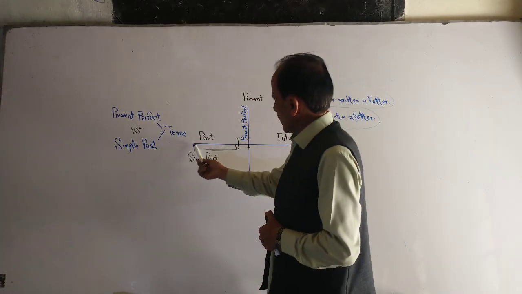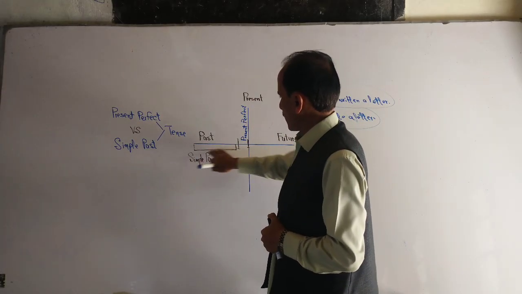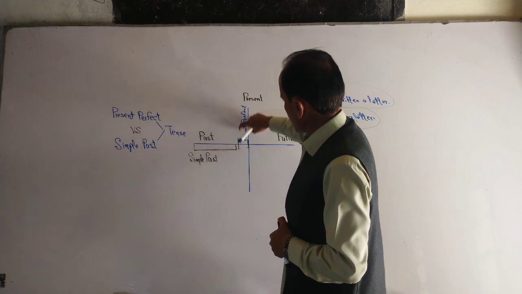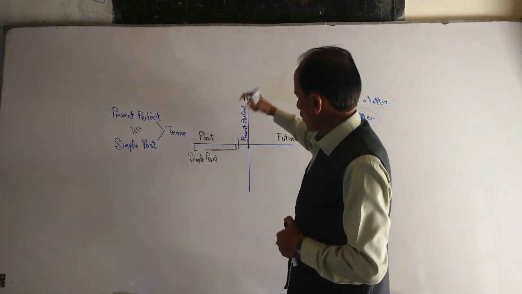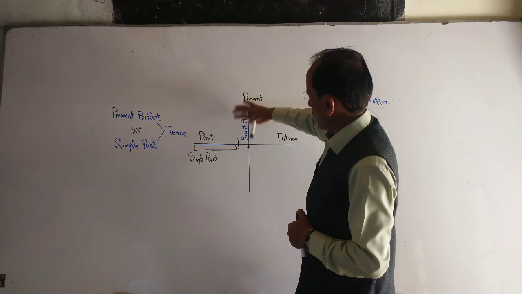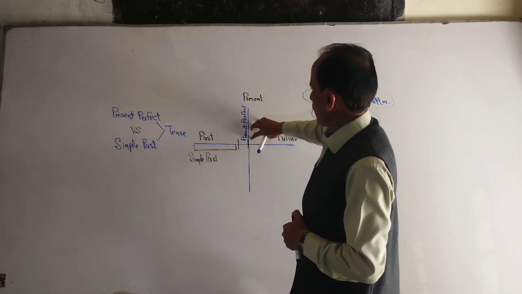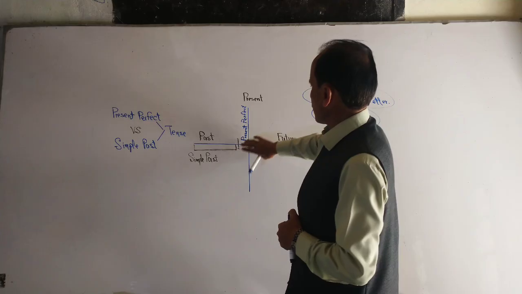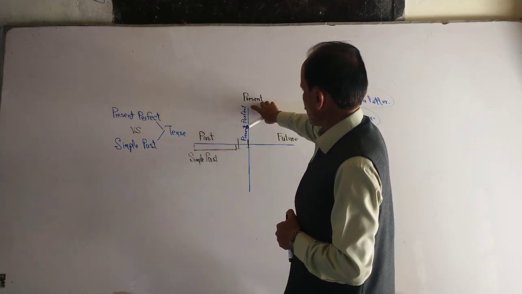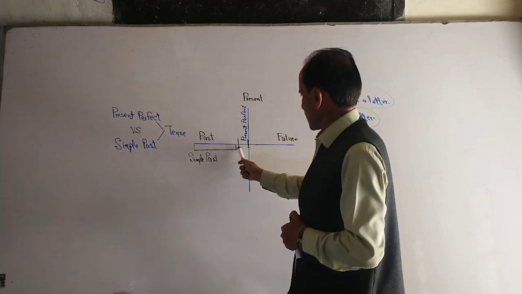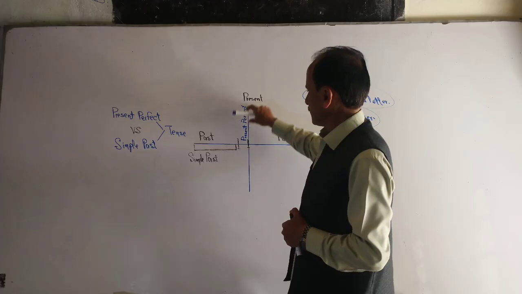For example, we can use simple past here, and present perfect is also used for sentences written about the past. So this is the nearest time to the present.